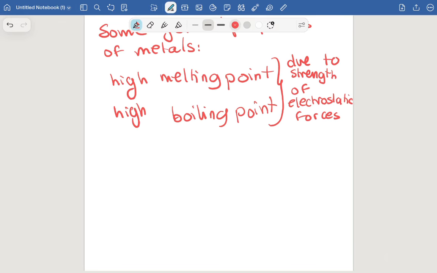Now, of course, we do have a singular exception, okay? This exception is mercury. And what do we know about mercury? Mercury is one of the two liquid elements in the whole entire periodic table, because all elements are mainly gaseous or solid, right? The only two liquids are bromine and mercury at room temperature.